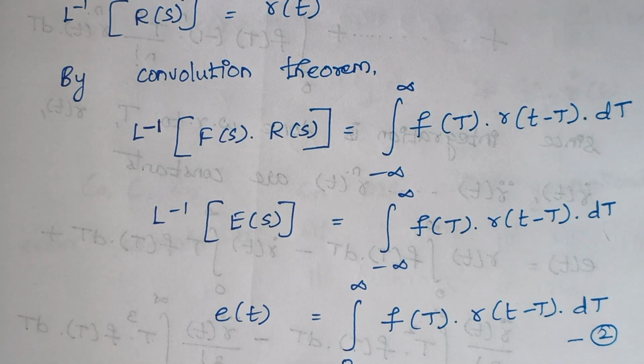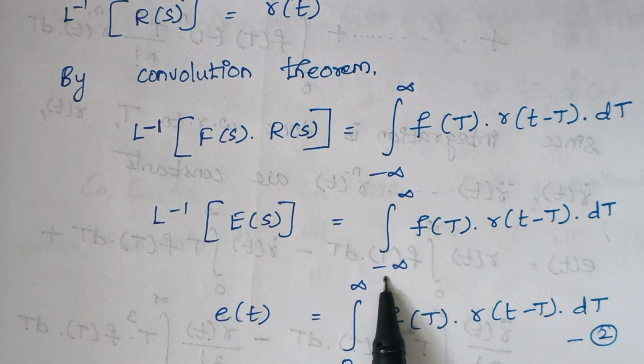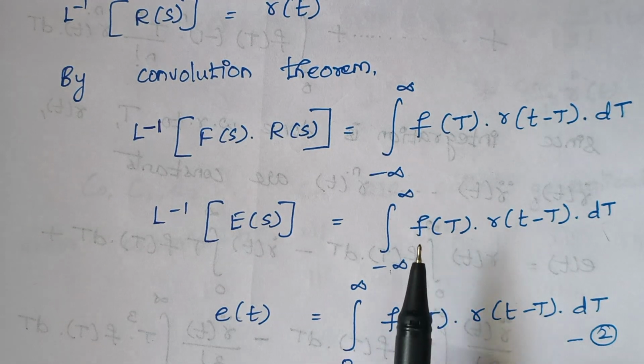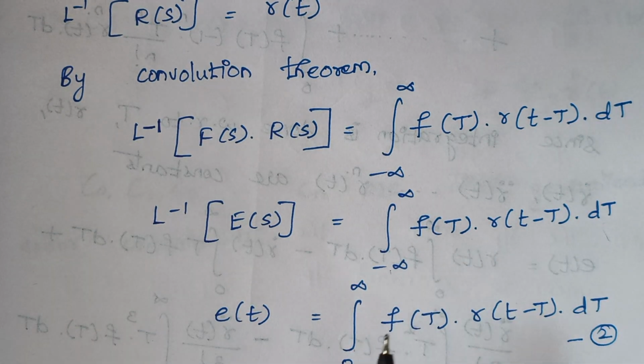So E of t is equal to, again here when you see the limits, minus infinity to plus infinity. As we all know, whenever we are giving an input signal, the signal always exists or starts from 0. It won't exist beyond 0. That is, no negative signal is allowed.